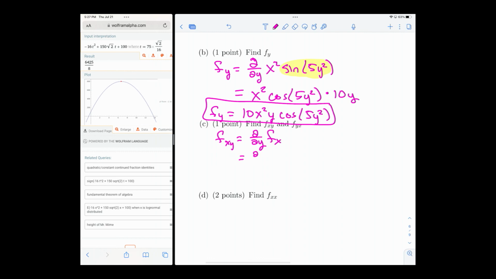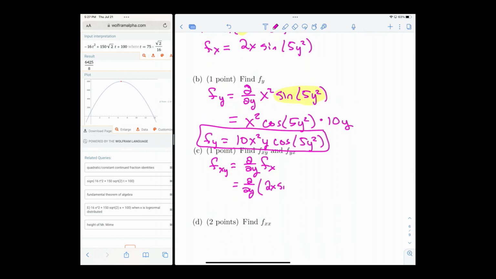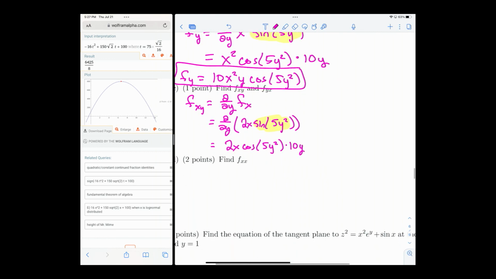So the partial with respect to y of fx, which is 2x sine 5y squared: the only place where there's a y is here. So we get 2x cosine 5y squared times the derivative of what's inside, which is 10y. So this is 20xy cosine 5y squared.